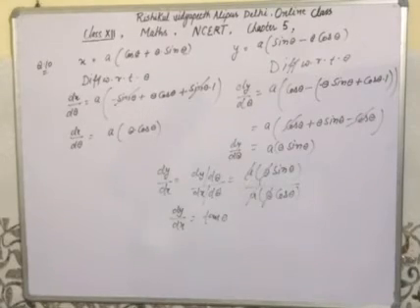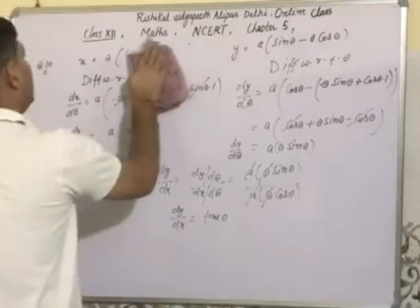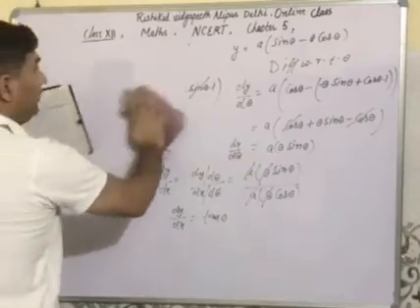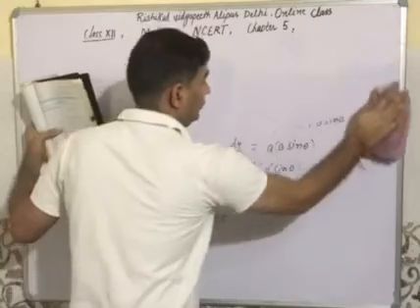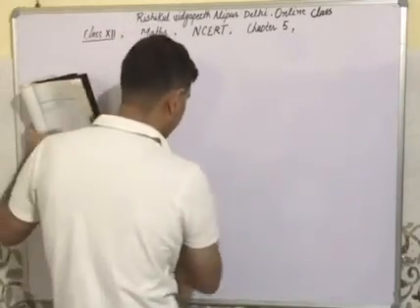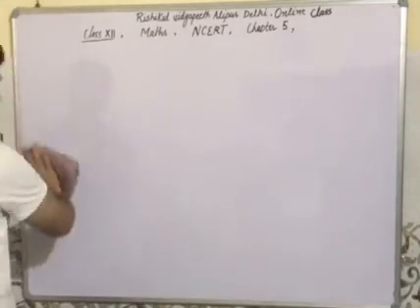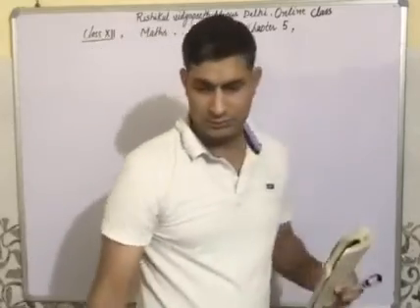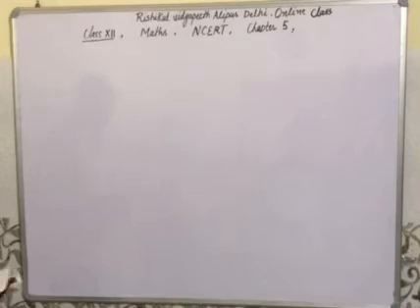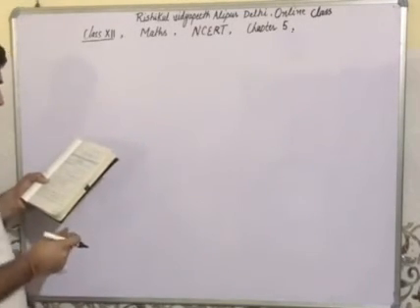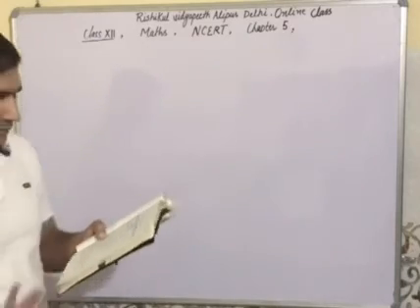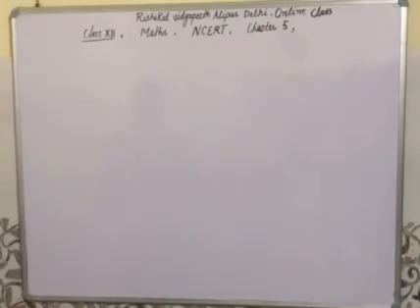And the last question is different from all the other questions, and we use a property to solve it easily. If you solve it by this method you can also solve it, but it is not easy.